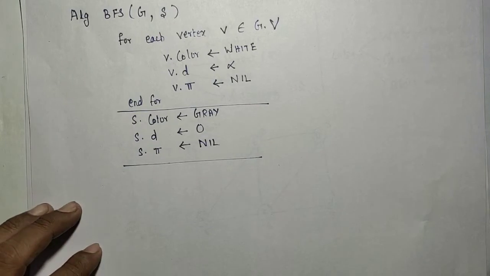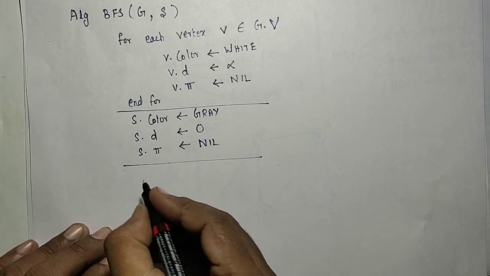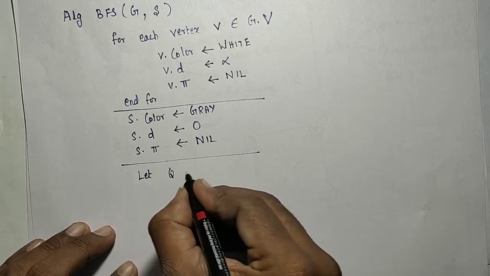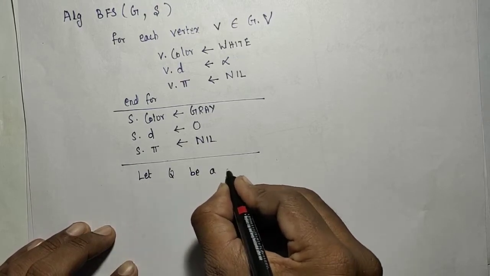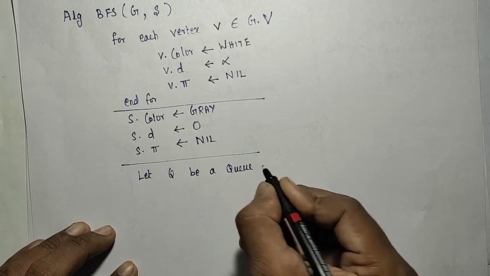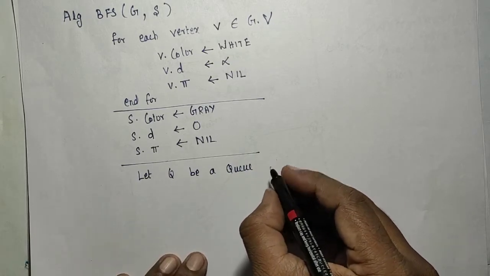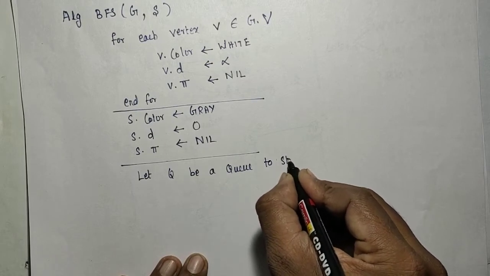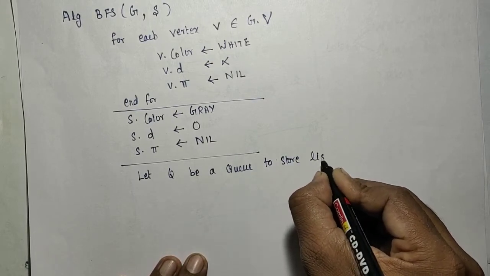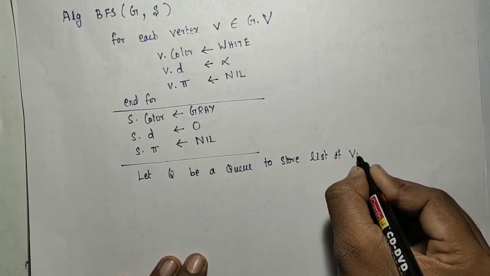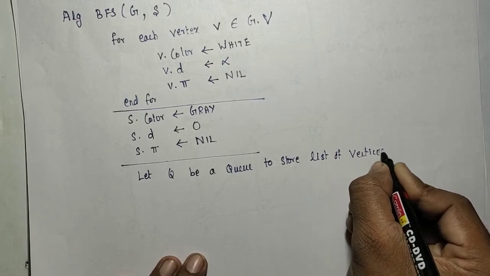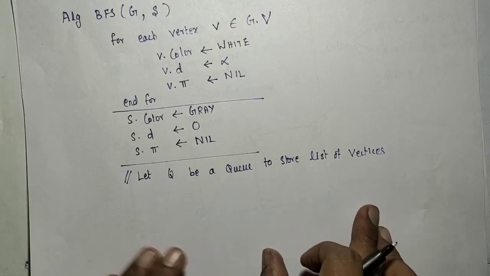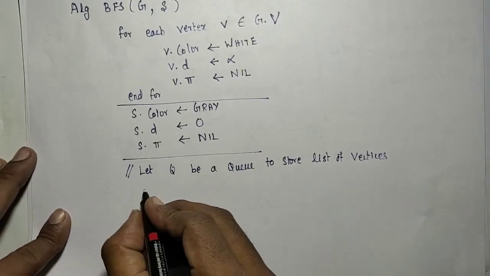So now we are going to maintain a queue. Let Q be a queue to store the list of vertices. Initially the Q will be empty.